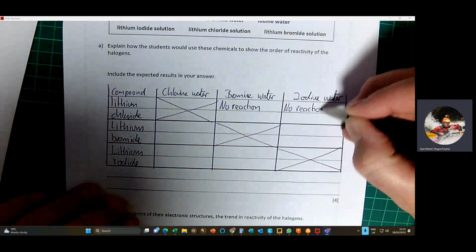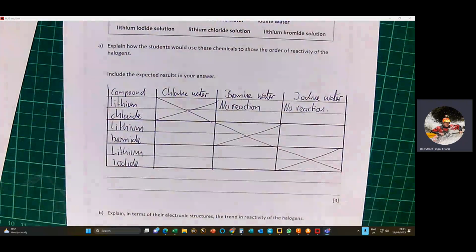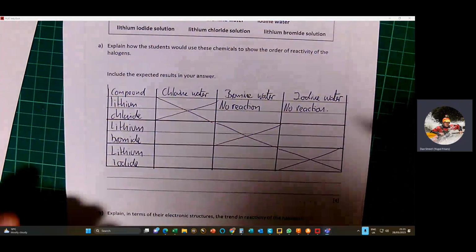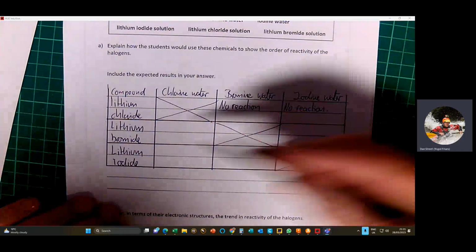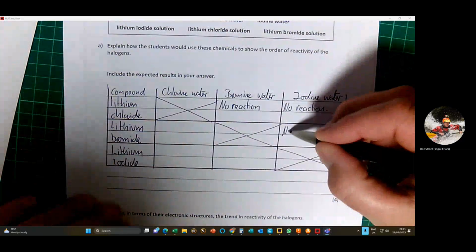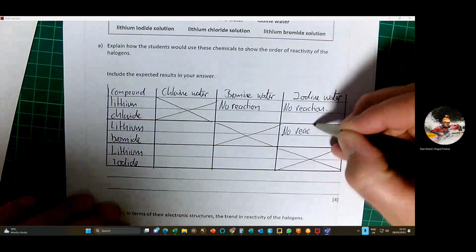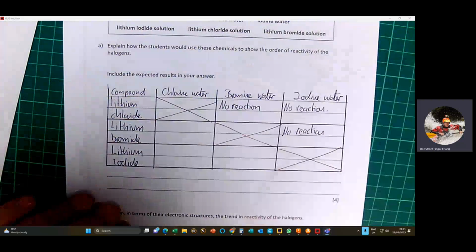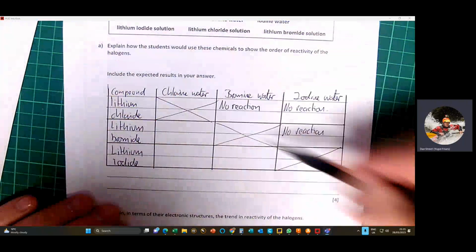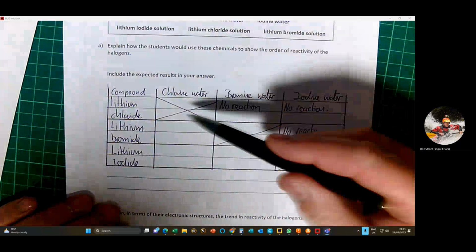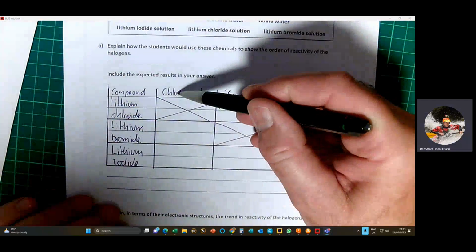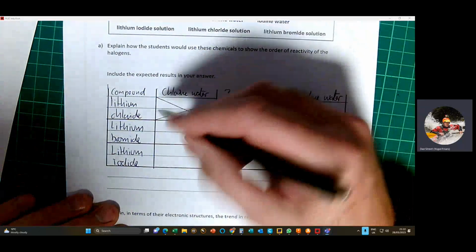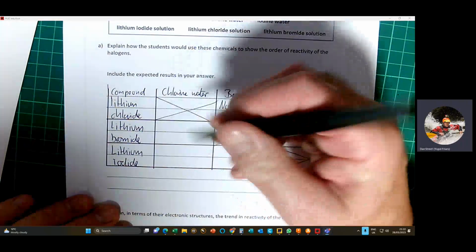Iodine is the least reactive of the three halogens and therefore won't displace either of the other ones. And with that in mind, if we add iodine water to lithium bromide, we get no reaction because iodine isn't reactive enough to displace bromide. However, looking at the other side of this divide, if we add chlorine water to lithium bromide, chlorine water is pale yellow, bromine is an orangey brown color.